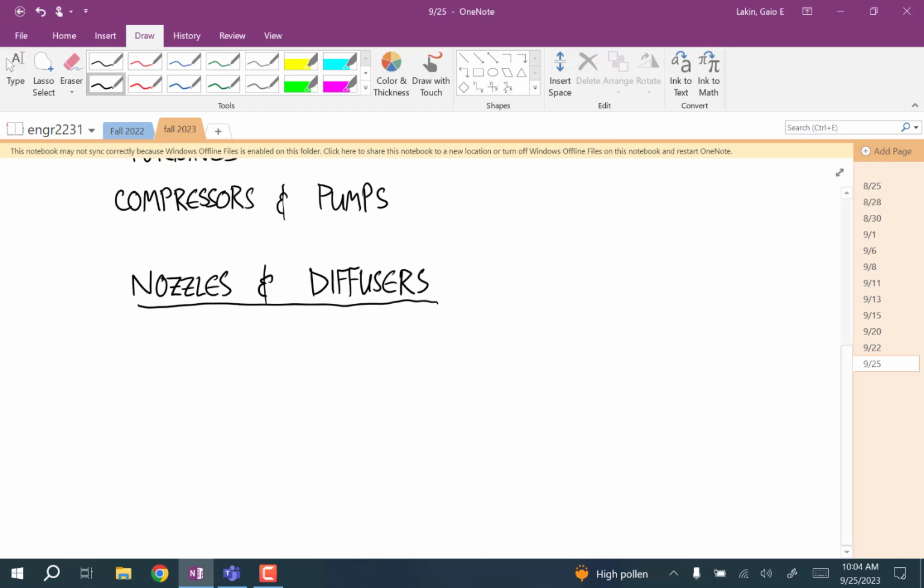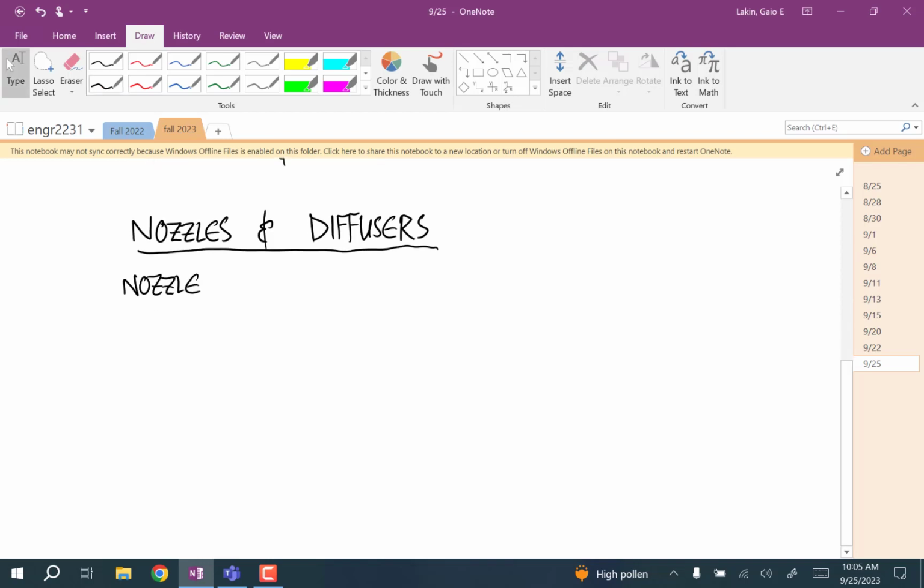So for a nozzle, you're increasing the speed of the fluid and decreasing the pressure. If this is the device, the flow of the fluid is this way. So this is the inlet side, this is the exit side on the right.